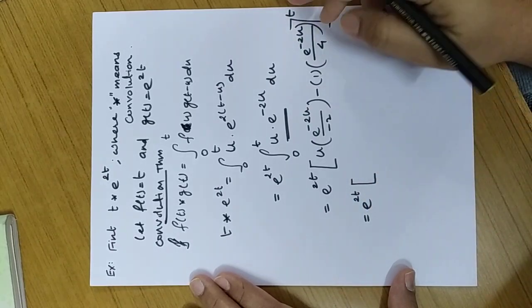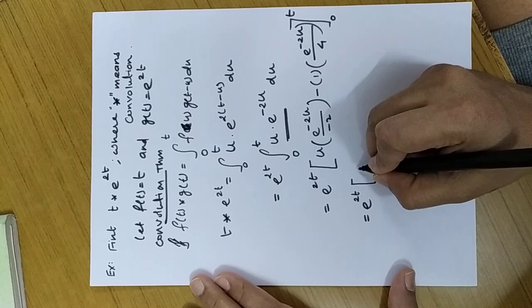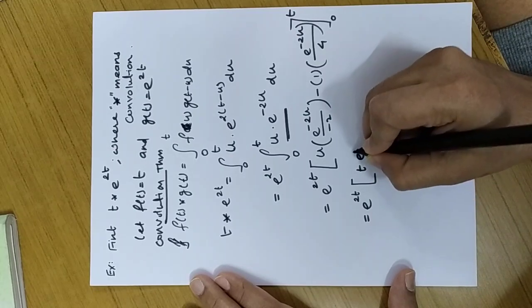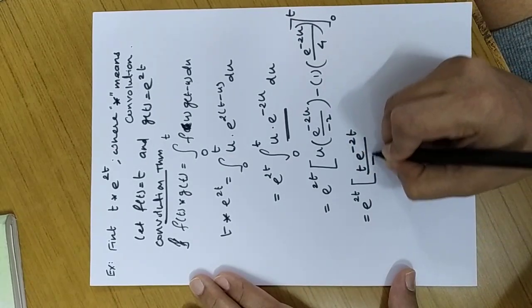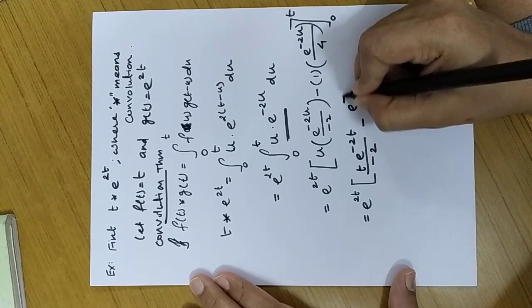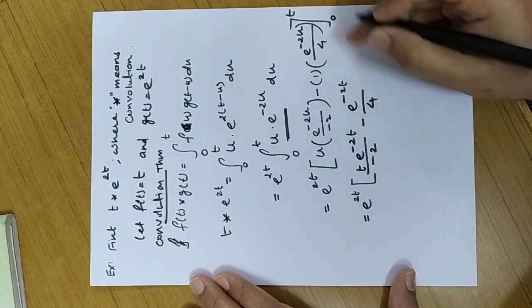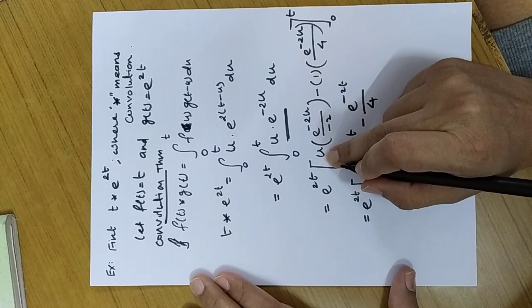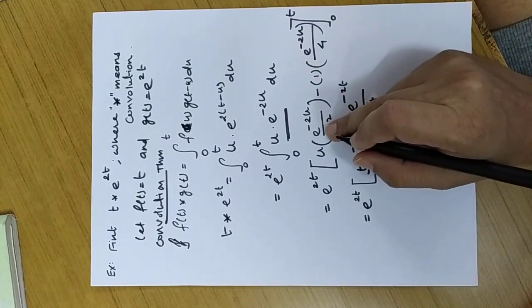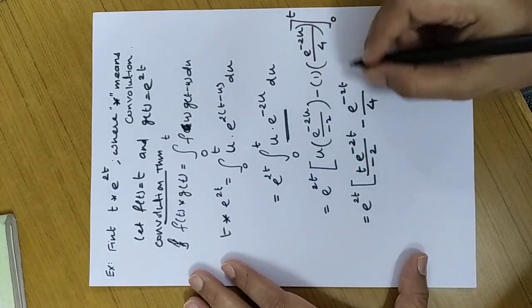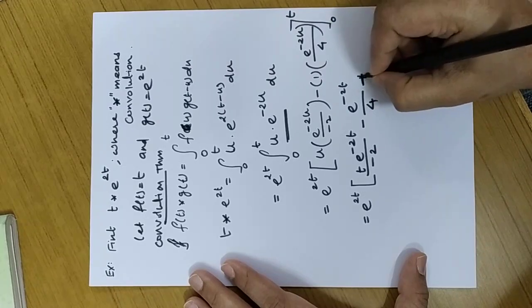Okay. Now replace u by t. t e raised to minus 2t divided by minus 2, minus e raised to minus 2t divided by 4. Replace u by 0: this term will be 0, and for this term, it is the lower limit.